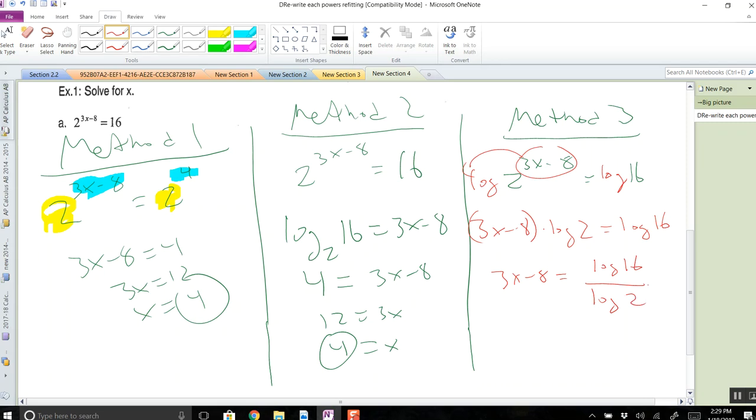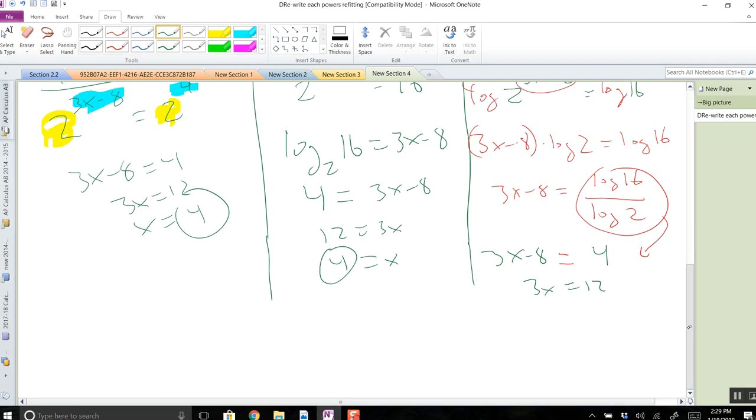And what I did was move the 3x minus 8 to the front and multiply the log 2 to be divided, which gets to the other side. And by the way, that's just going to equal 4, right? You still get the same thing.